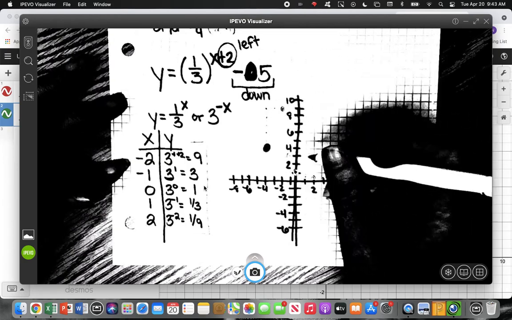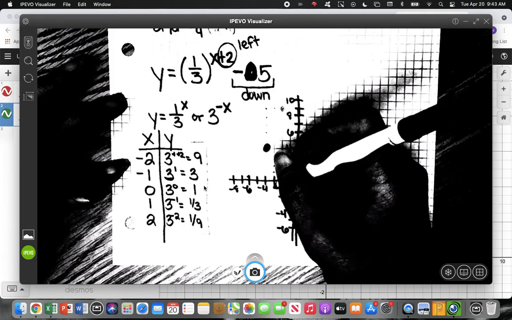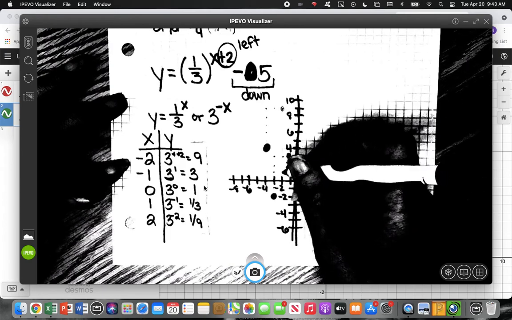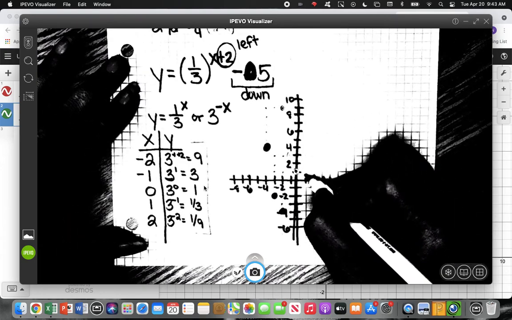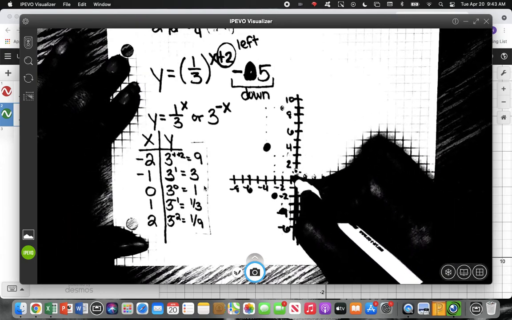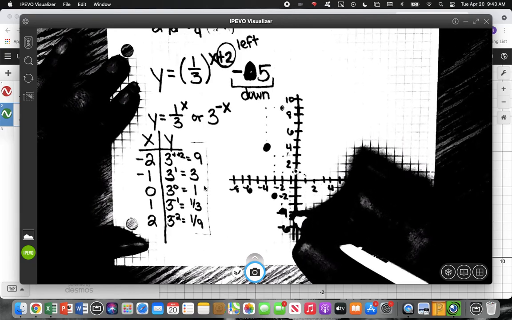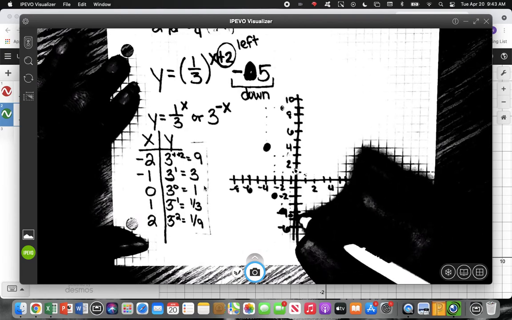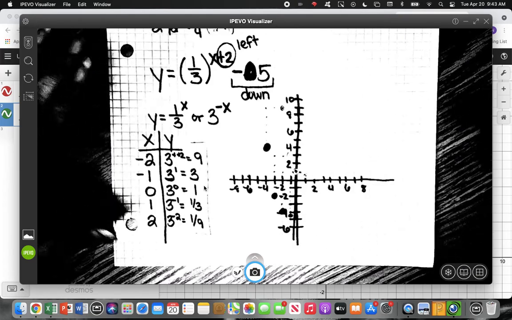My second point, I'm going to go to the left 2, down 5. My next point, to the left 2, down 5. To the left 2, down 1, 2, 3, 4, 5. And it's getting really close to that down 5 or -5.